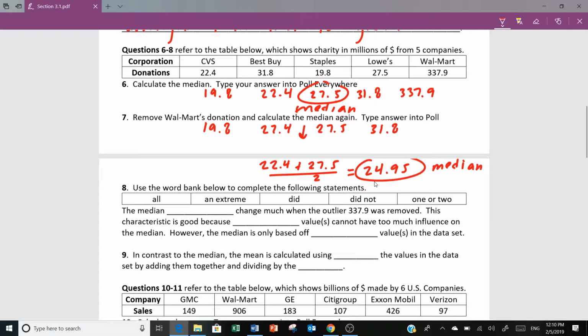Oh, no, because an extreme value cannot typically be based immediately off 1 or 2 values.